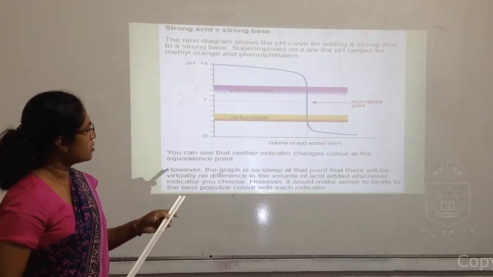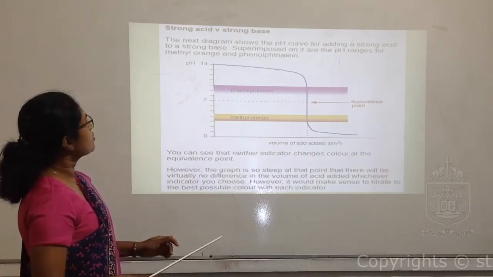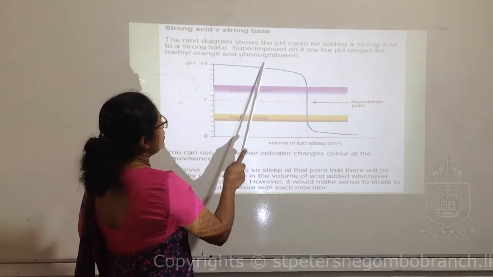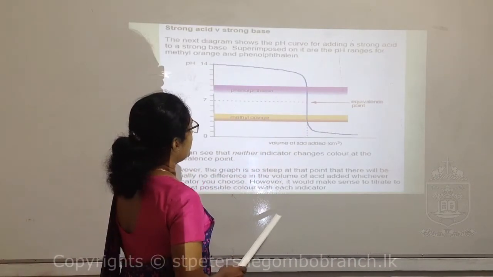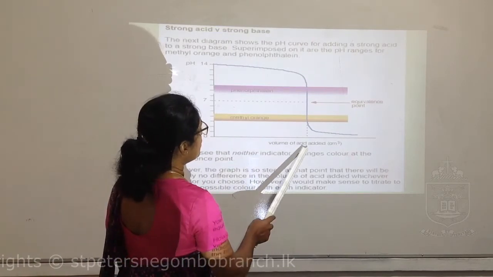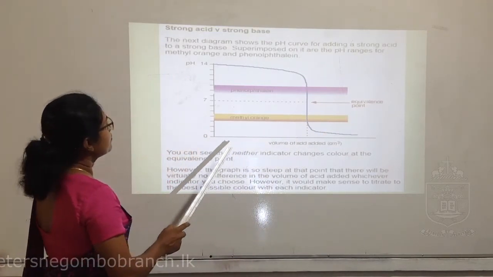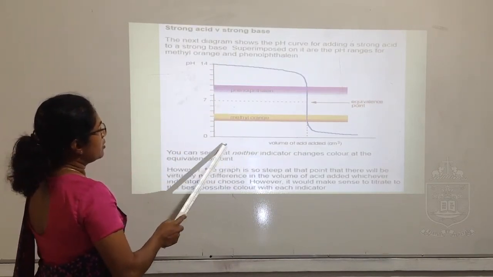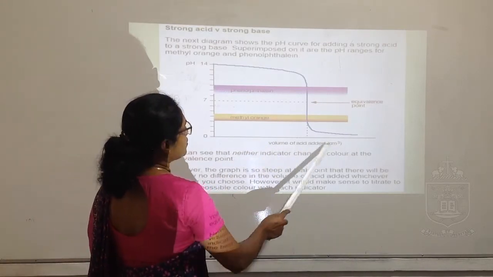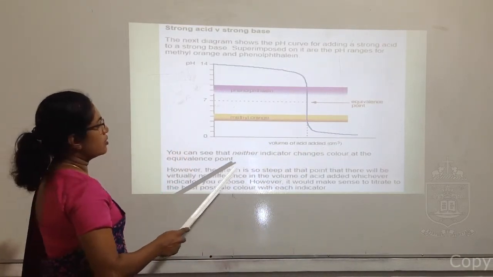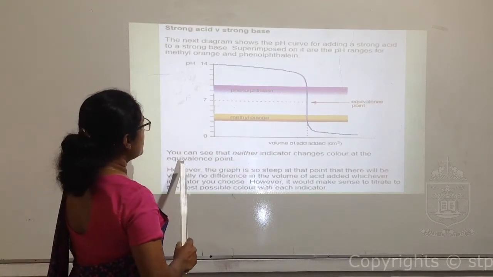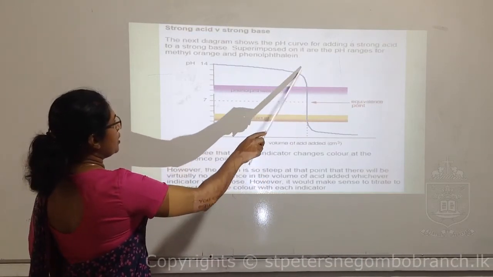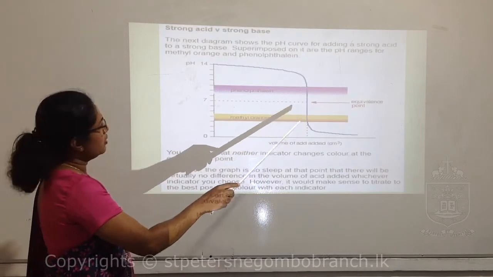And this curve shows the strong acid versus strong base titration. In here you can see this is the pH and this is the volume that we added to the titration flask. And you can see here, this is the steep change of pH in this titration.